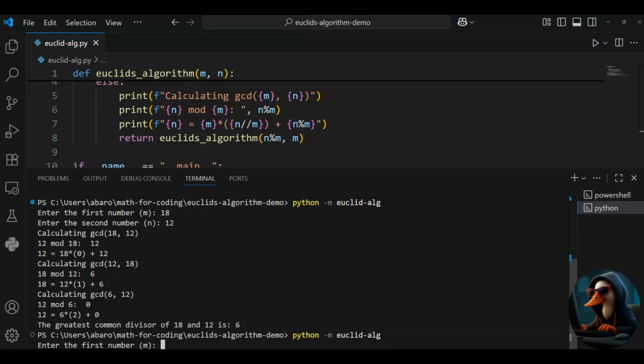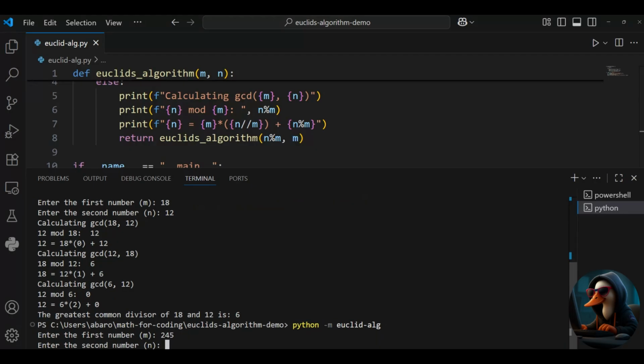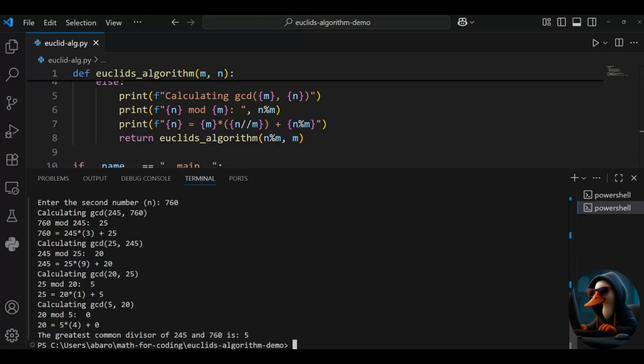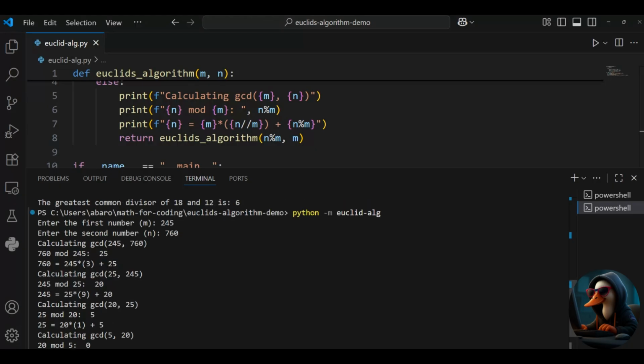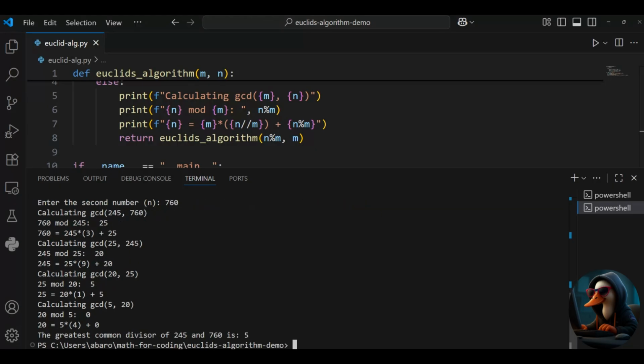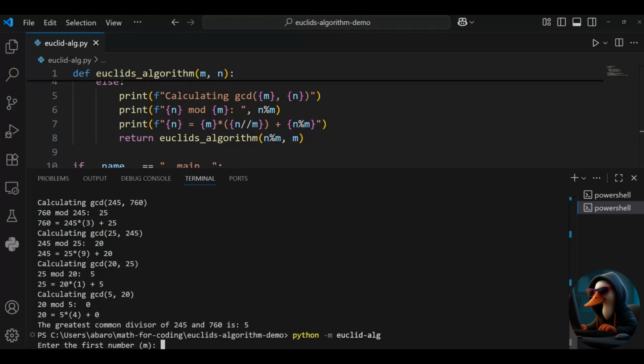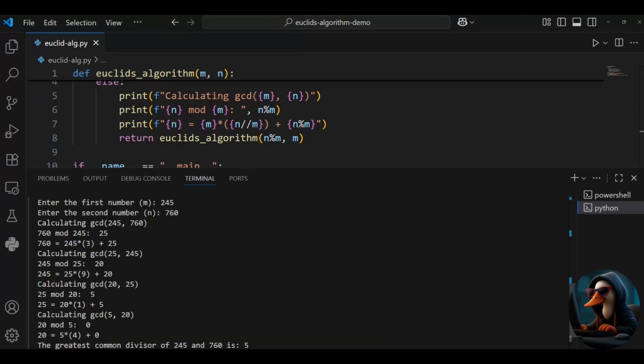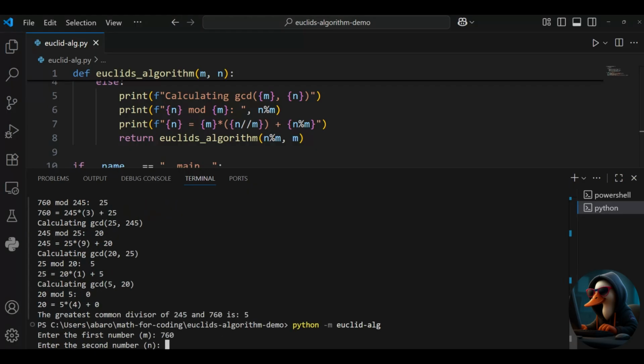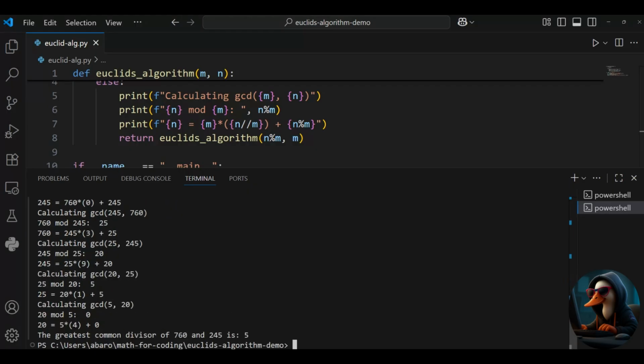Let's try 245 and 760. Okay, I knew that one was going to be 5. Let's try that again as 760 and 245. Yes, and we get the same thing.